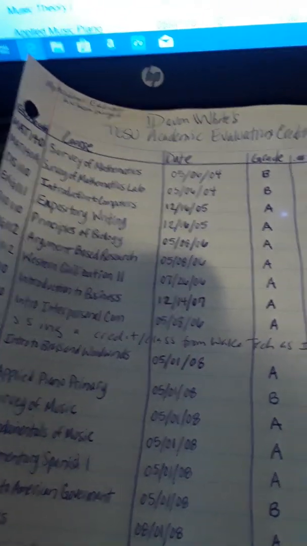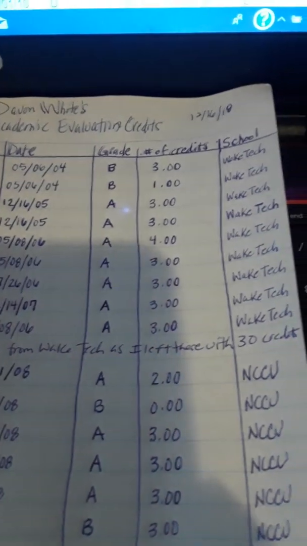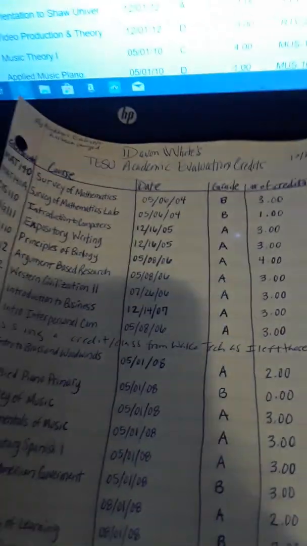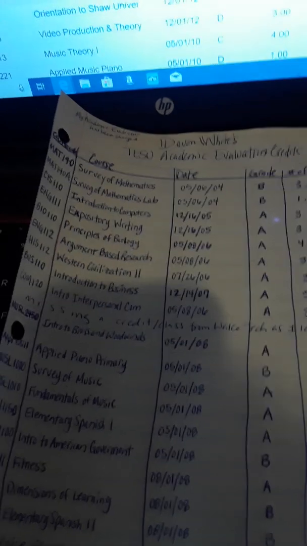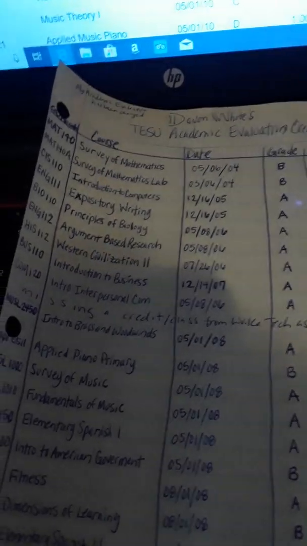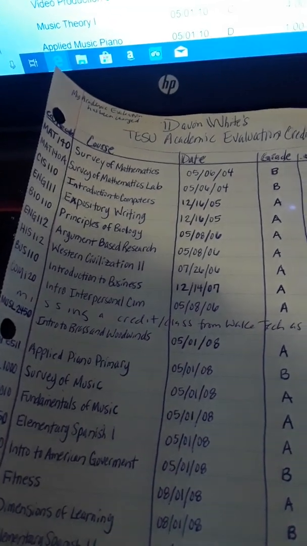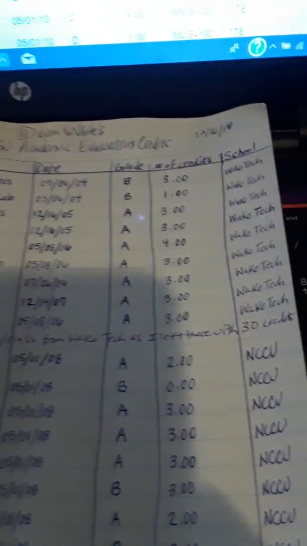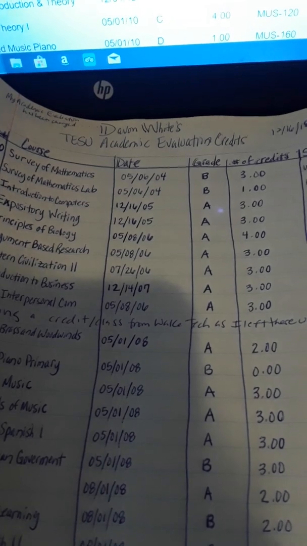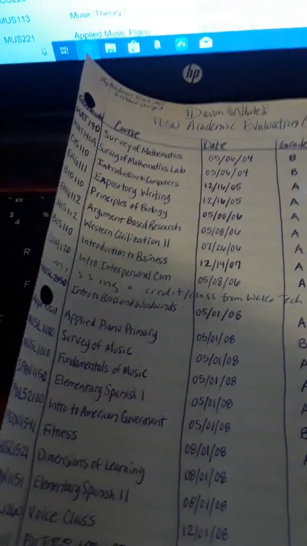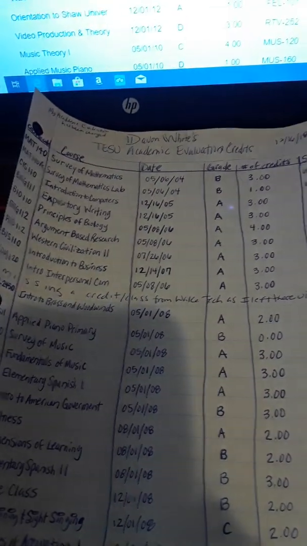I wrote a note right there: missing a credit class from Wake Tech, as I left there with 30 credits. It was actually a little more than 30 credits, and we'll see that in a second. Then the next class is Intro to Brass and Woodwinds. I took that at NCCU. I got an A, and it was a 2-credit course, and so on.